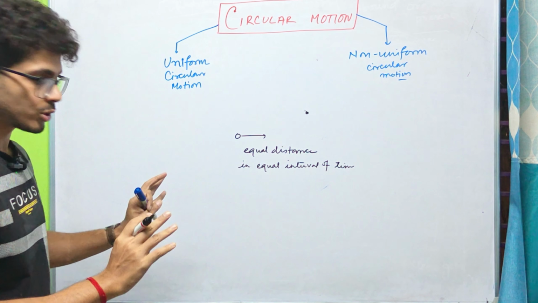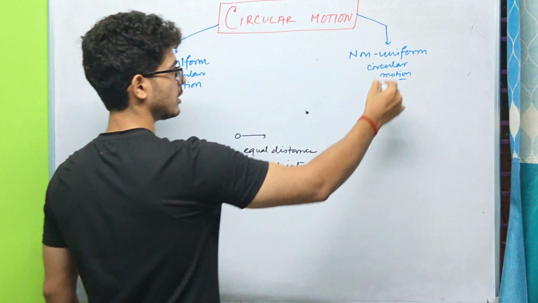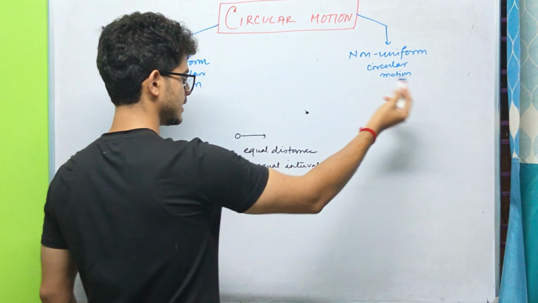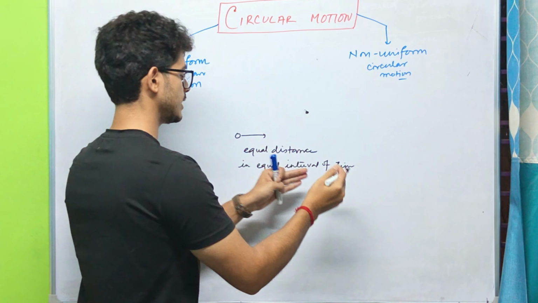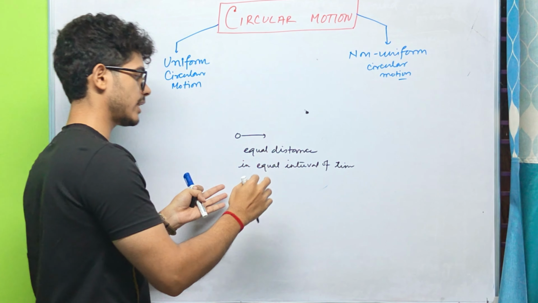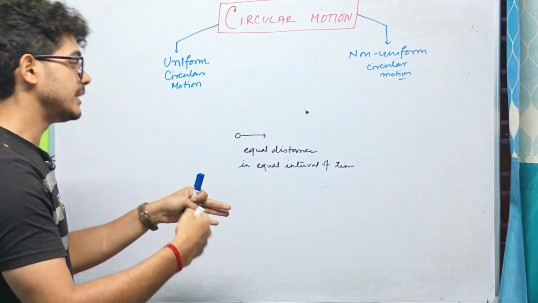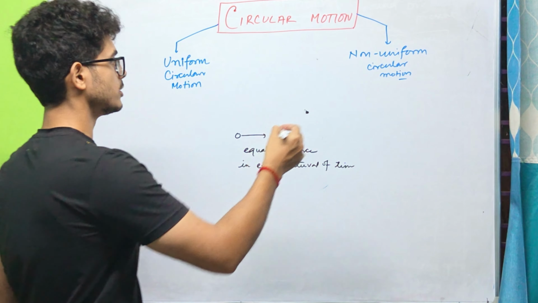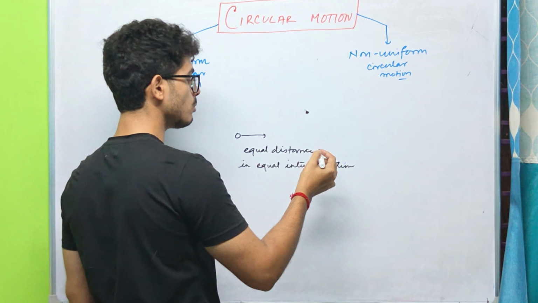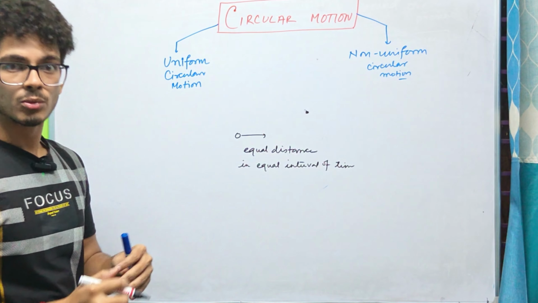This is all about uniform motion. Or if we talk about non-uniform motion, it is just the opposite. That means it does not travel equal distance in equal interval of time, or it travels unequal distance in equal interval of time or unequal interval of time. So this is about uniform or non-uniform motion.